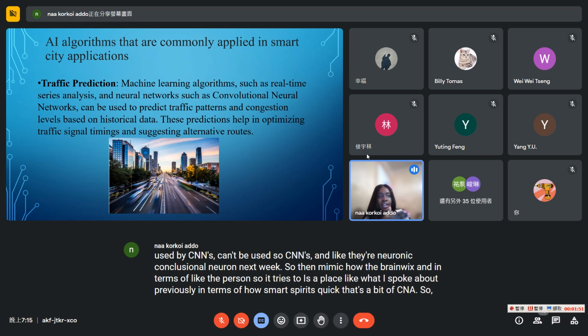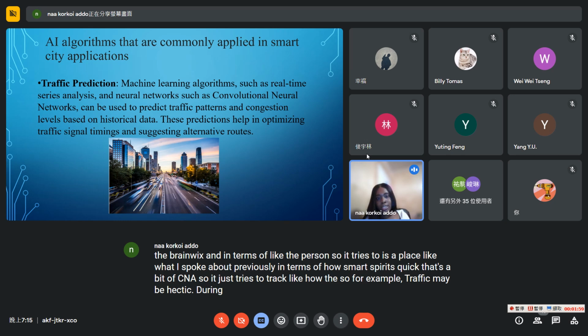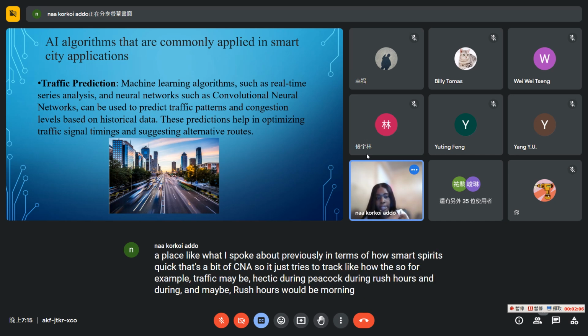So it tries to track, for example, that traffic may be hectic during rush hours, which will be in the morning for work and then when getting back home.